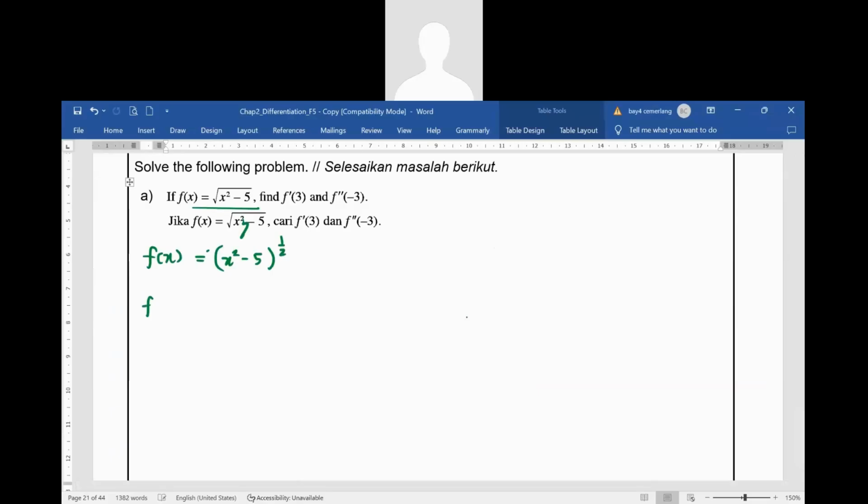Now it wants f prime 3 and f prime prime 3. That means before you find the value of f prime 3, you need to find the expression of f prime and f prime prime, which is easier. So f prime x is 1 over 2 x square minus 5 power negative half, and then differentiate inside, you should be getting 2x. Now you can find f prime 3. You just substitute the x with 3.